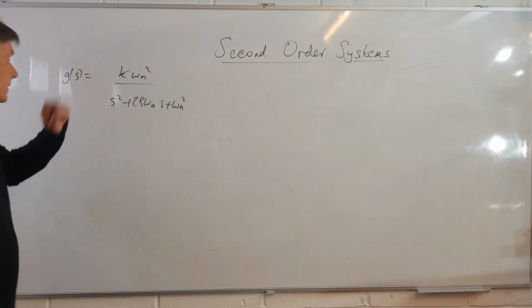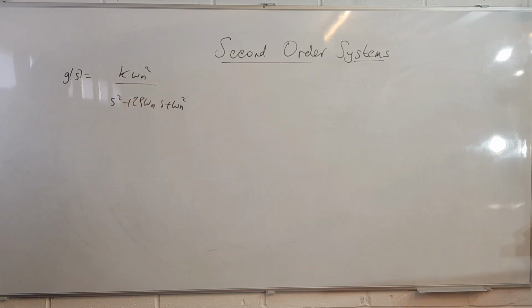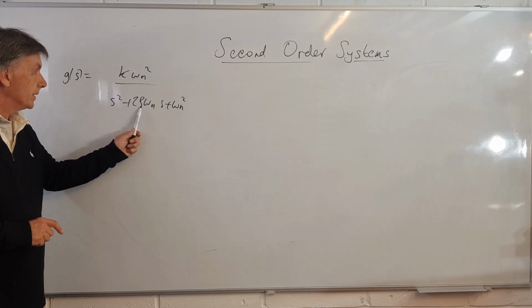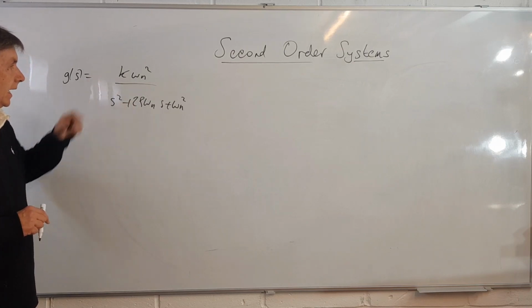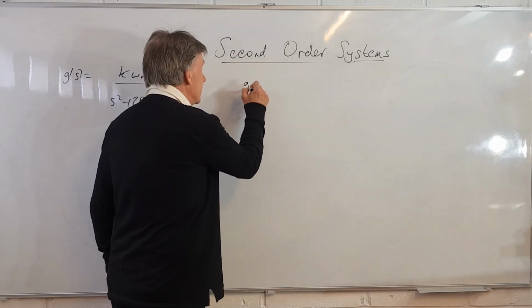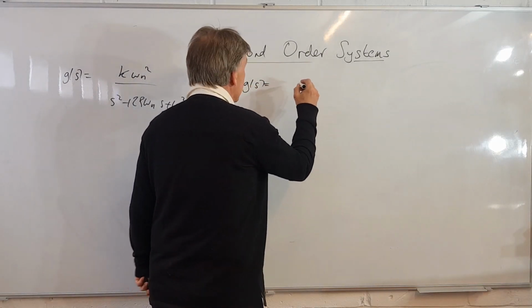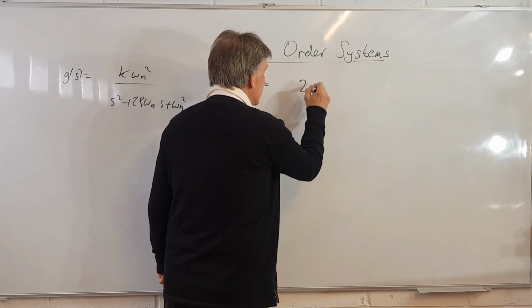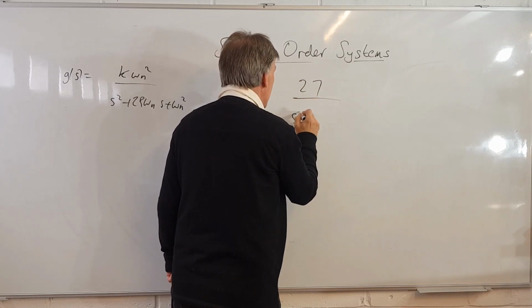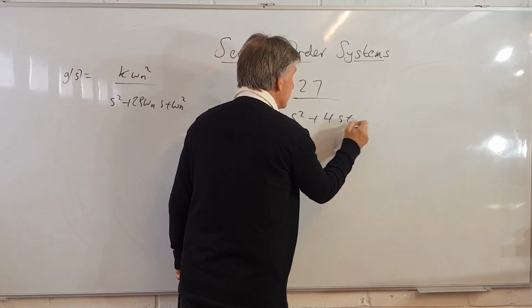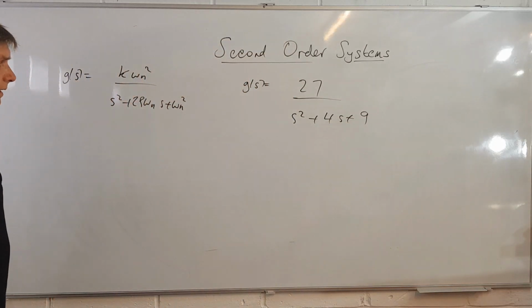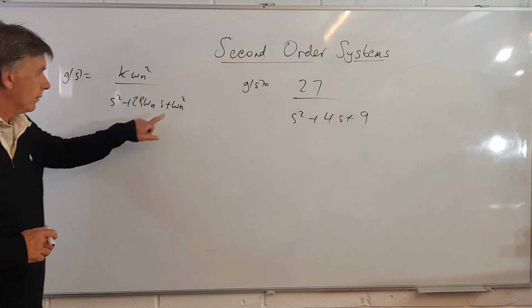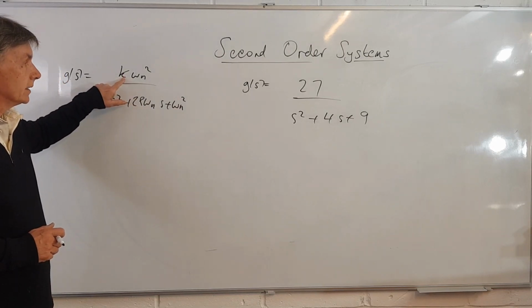Right, so back to our second order systems. Here's our standard transfer function for a second order system with parameters zeta, omega n and K in. And so if we've got some transfer function, let's say G(s) is given by 27 over s squared plus 4s plus 9, we could, from doing a pattern matching calculation, work out what omega n, damping ratio and gain are.